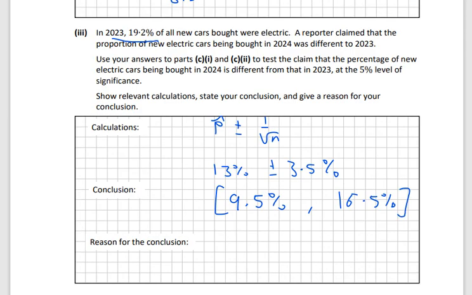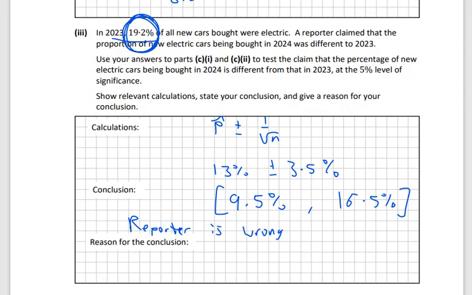So our conclusion will be that the reporter is wrong, because his figure, the 19.2%, is the amount that were bought in 2023. 19.2% doesn't lie within the confidence interval. It doesn't lie between 9.5 and 16.5. Therefore, we say that the reporter is wrong.